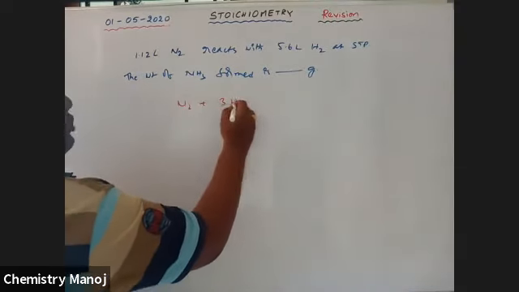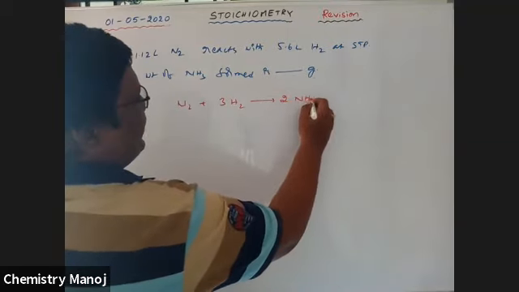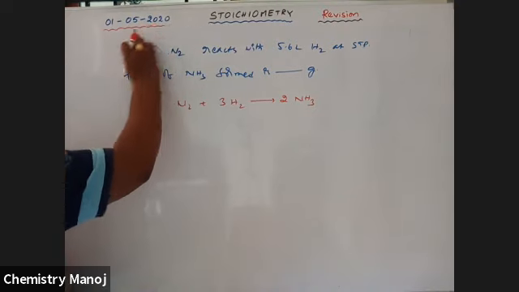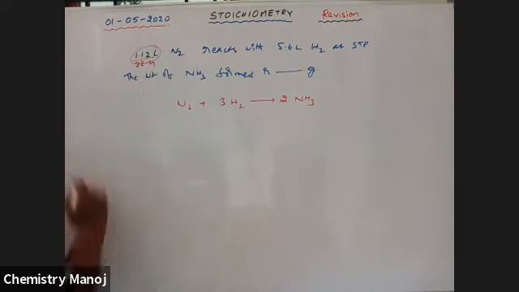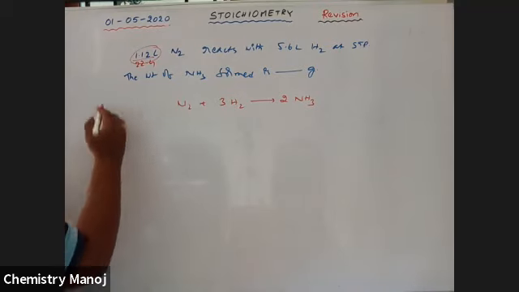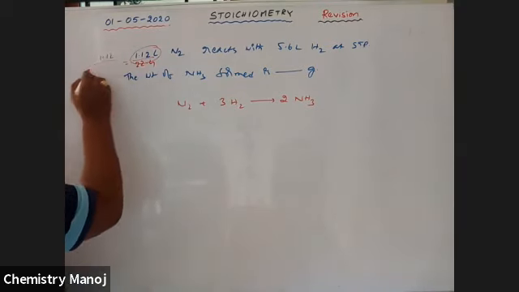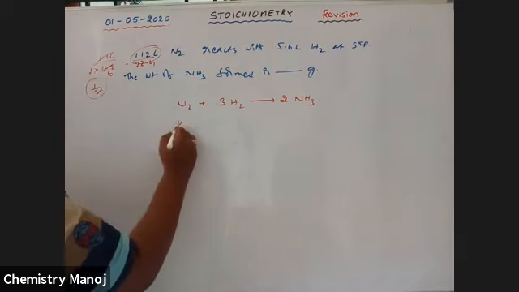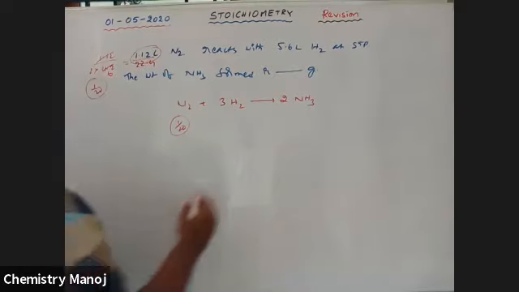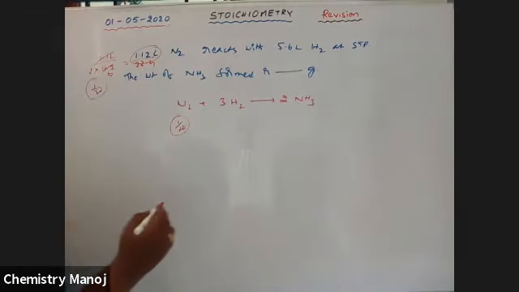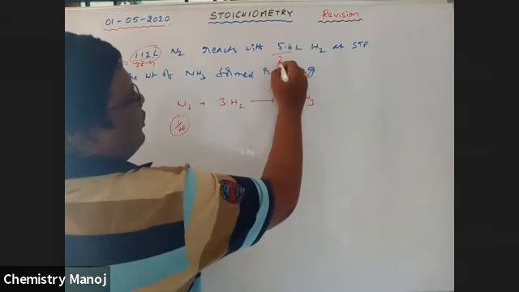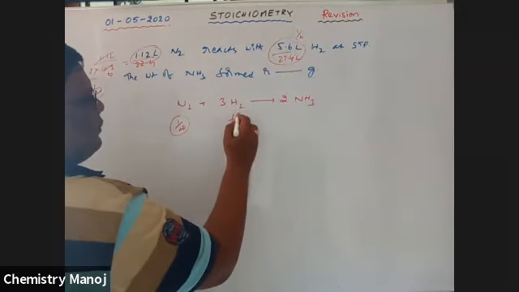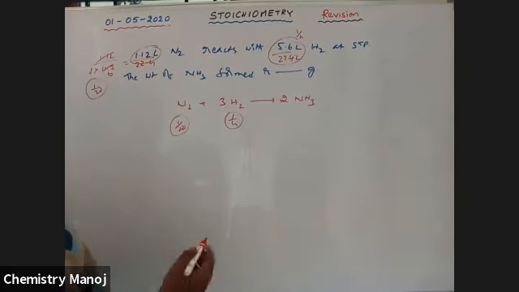N2 plus 3H2 gives 2 NH3. 1.12 liters means 1.12 by 22.4, that is 1 by 20 mole. 5.6 liters by 22.4 liters is 1 by 4 mole. Now identify the limiting reagent.